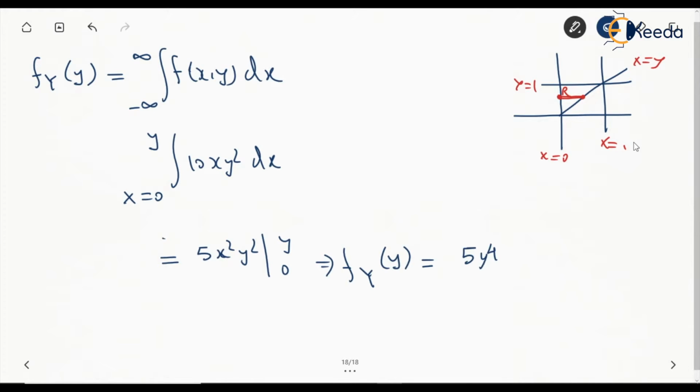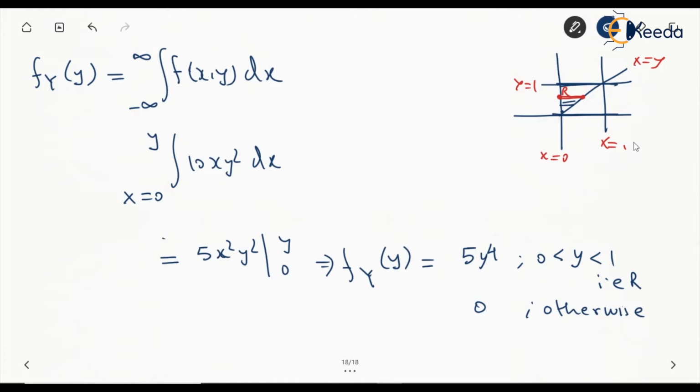But what is the limit for y? Check this. This horizontal element is defined from this limit to this limit, because it will start from here, then this and this and so on up to here. So that means y has to be between 0 and 1, and it is 0 otherwise. So that is the region R, right? So this is the marginal probability.